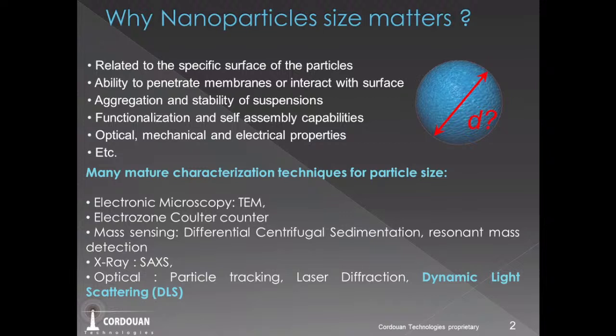And on the optical side, you have particle tracking, laser diffraction, and dynamic light scattering. Dynamic light scattering is a small instrument, the first thing we need to do. And in the future, when we work in a lab, we will see that as soon as we touch nanoparticles, we will have a DLS, which is this kind of instrument in the lab. It's a really common instrument, okay?